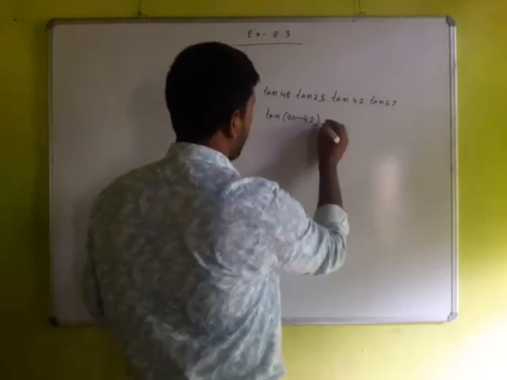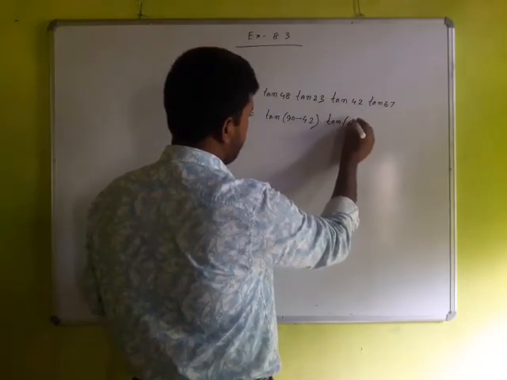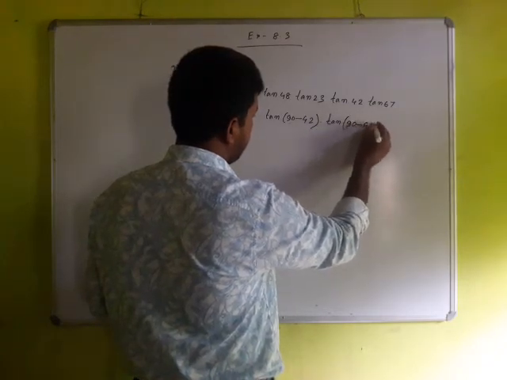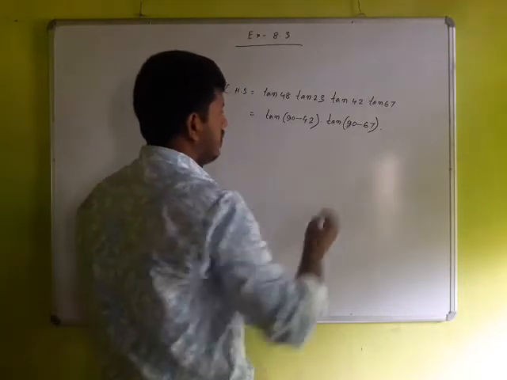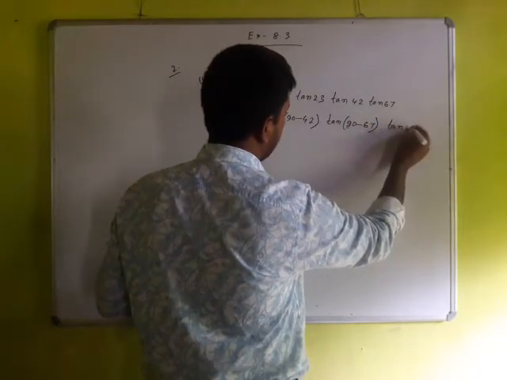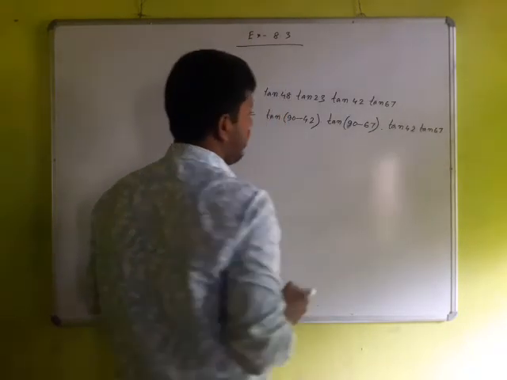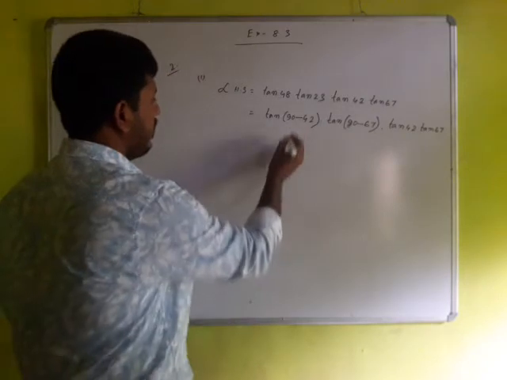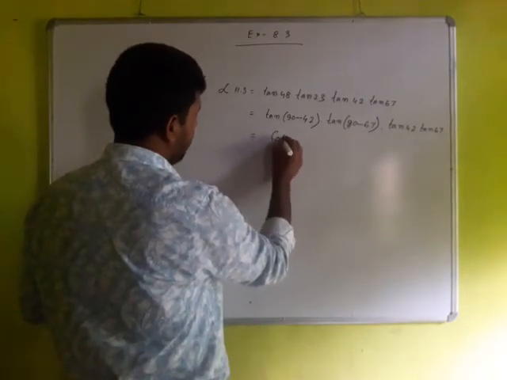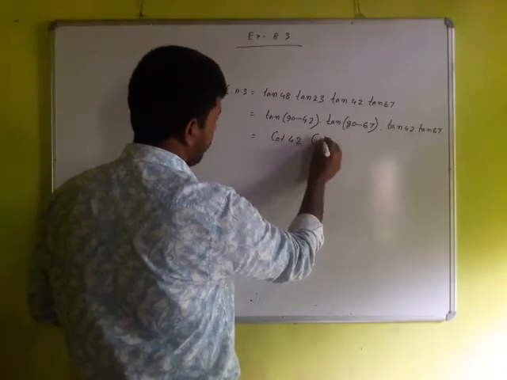Similarly, the complementary angle of tan 23 will be tan(90 minus 67). These two ratios will remain the same, that is tan 42 and tan 67. So tan(90 minus 42) will be cot 42. This will be cot 67.